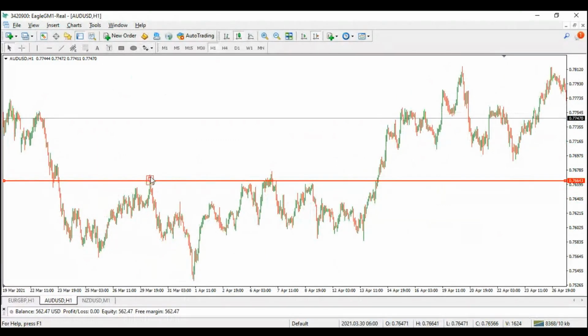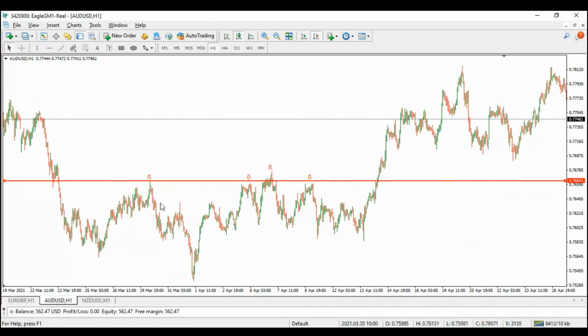Price rejected from this area of structure, relatively very, very close, but never got there. But I could still conclude that price rejected from that area of structure for a reason. And price rejects from this area of structure also, and from this area also. So you can see how price acted as resistance.